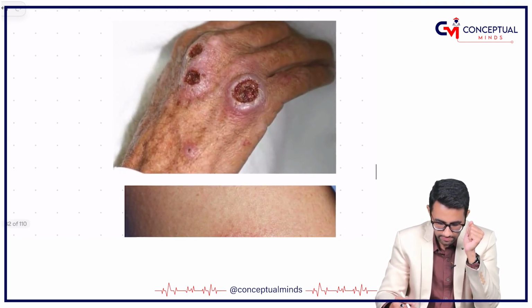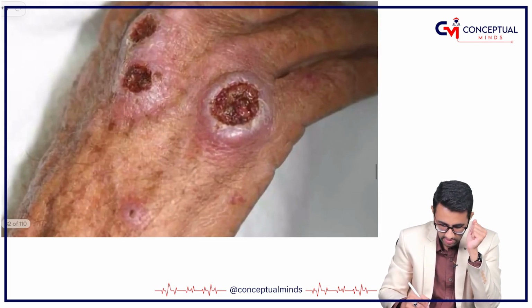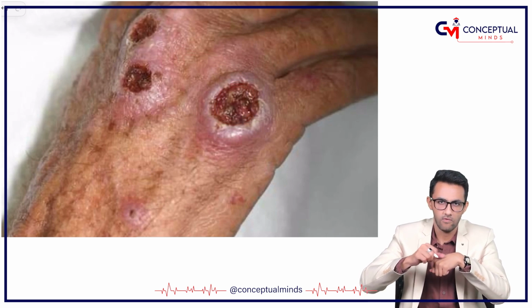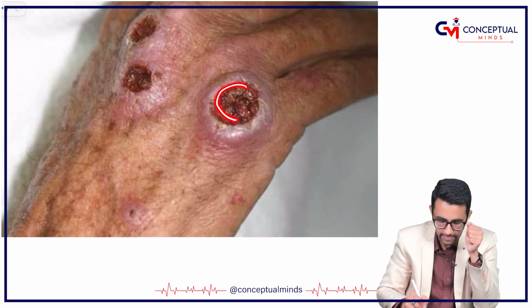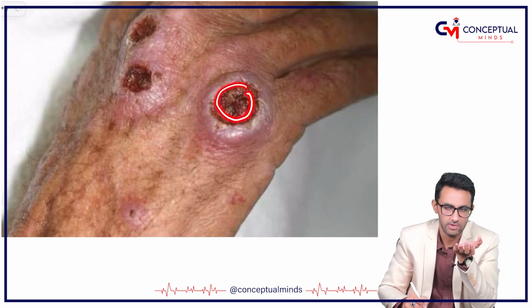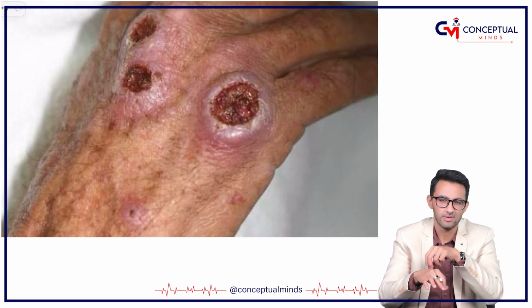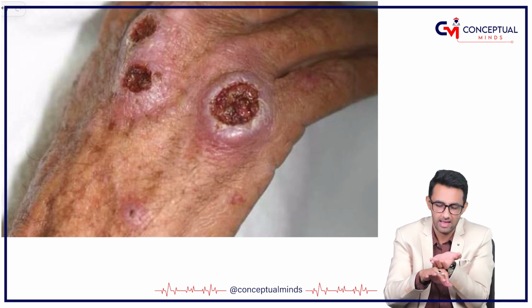Before this image was taken, there would have been a crust. If the crust is taken off, this would be the base of that crust, like a meteor having struck the hand. We have ulceration there.